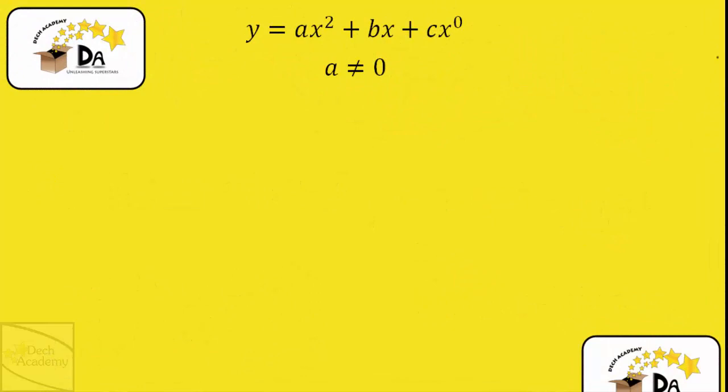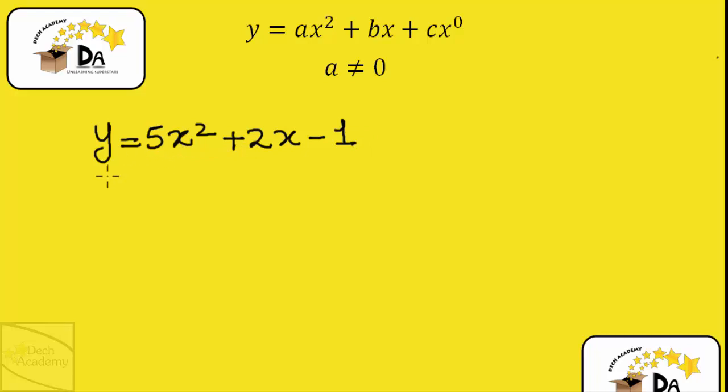Let's consider one more example now. Is the equation y equals 5x squared plus 2x minus 1 quadratic? Well, as we just did, it's useful to place an x to the 0 next to the constant term.